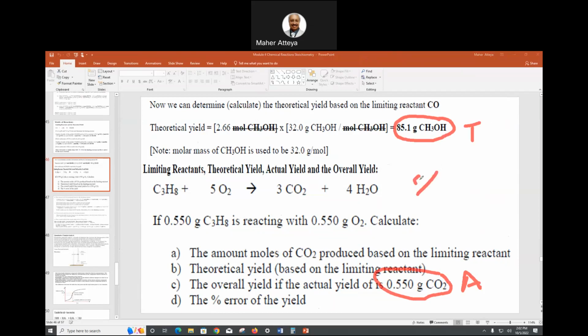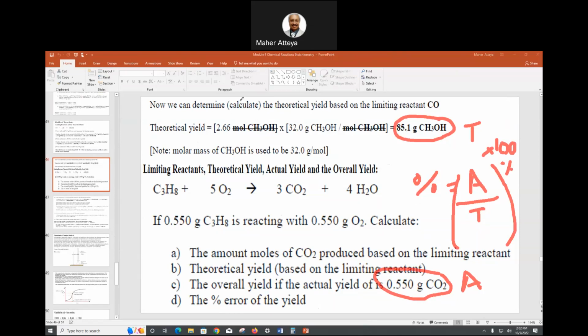So the percentage yield will be actual over theoretical, and the whole thing is multiplied by 100%. So take 0.500 gram divided by 85.1 gram multiplied by 100 will give you the actual yield.